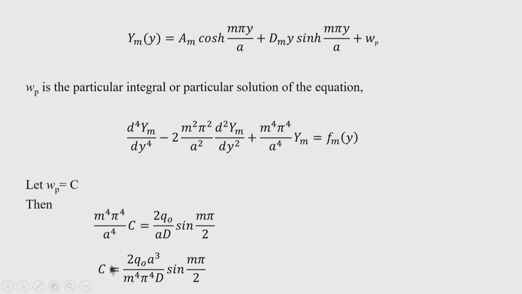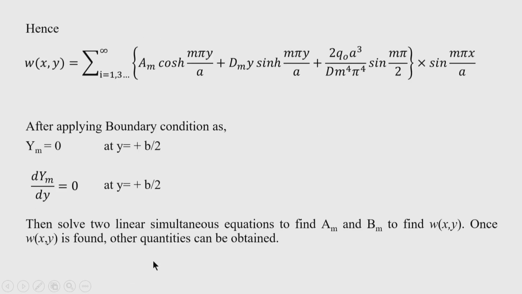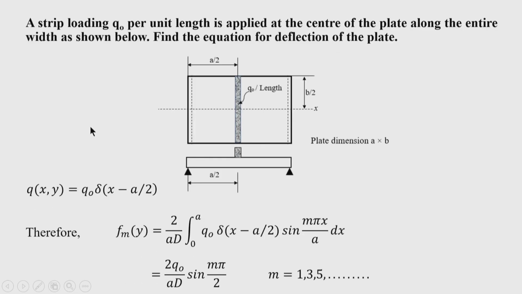So, the value of the particular integral, that is c, is evaluated here, and after substituting this, we can get the full solution for Y_m and then the series, and apply boundary conditions. Suppose I have taken here the fixed end, okay. Two ends are fixed.